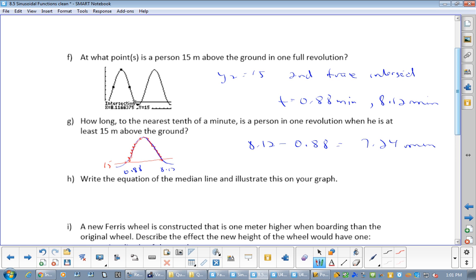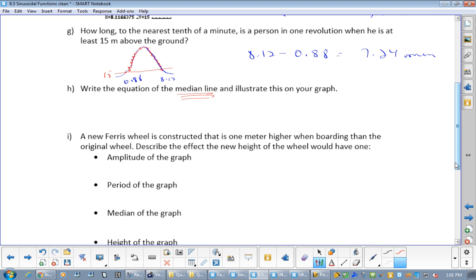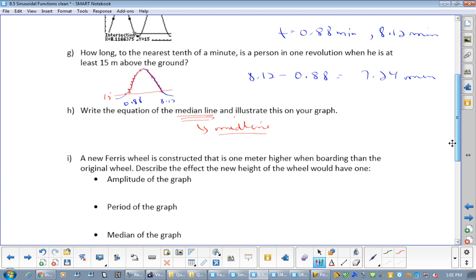Okay? Write an equation for the median line. There we go. Median line, that is our midline. What is the equation of it? Yes, but it's your d value, isn't it, on your equation?